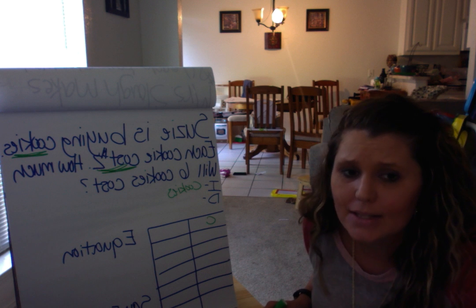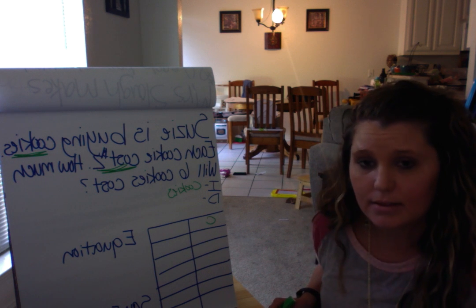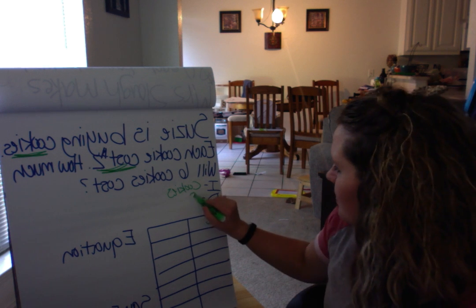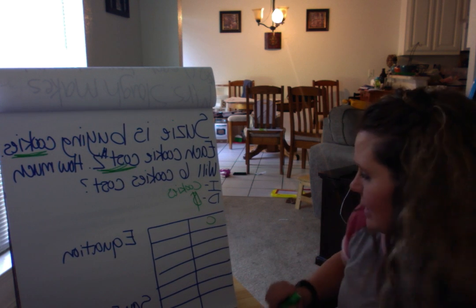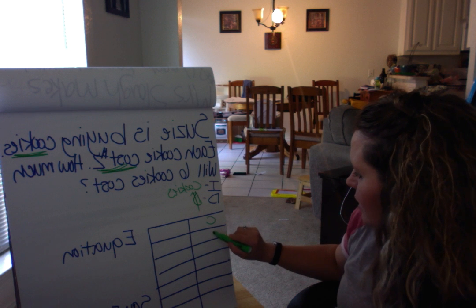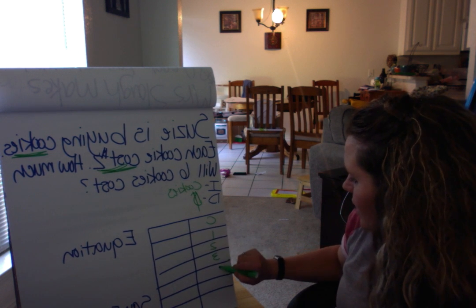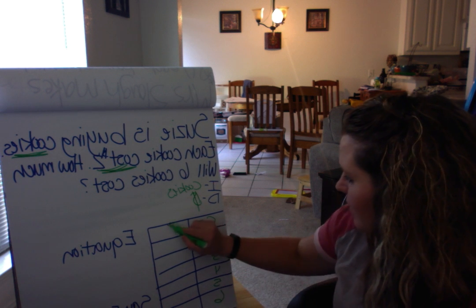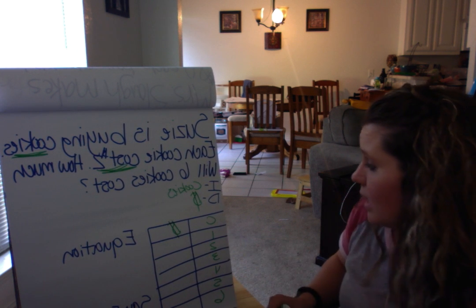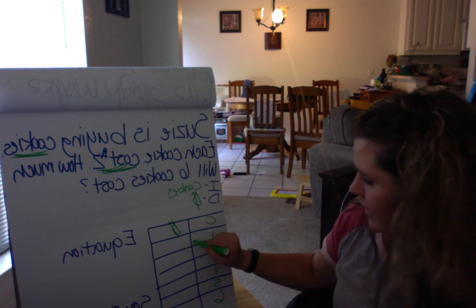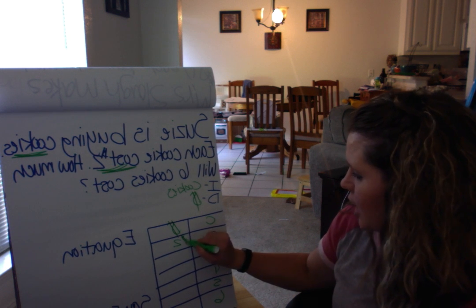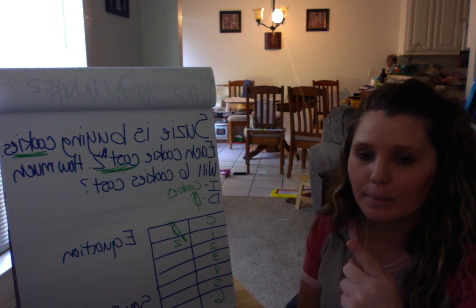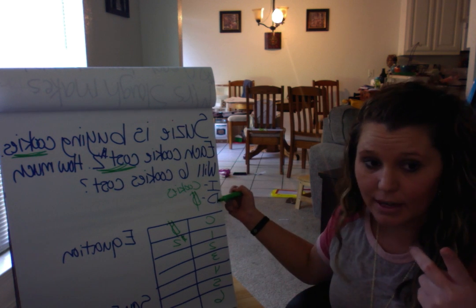What relies on how many cookies she buys? The cost of the cookies. So the money is the dependent. We're looking for 6 cookies: 1, 2, 3, 4, 5, and 6. And we have money here. So we know 1 cookie is how much? That's right, $2. So we have done objective 1, haven't we? We've labeled our independent and our dependent variables.